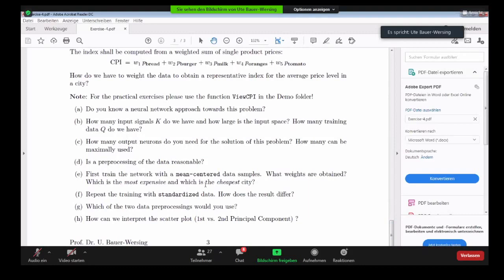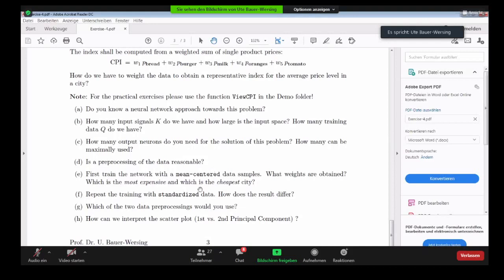So we do the simulation right now, and then we move on to the questions here. We will see an ordering of the cities according to their price level. We will also use standardized data. What's standardized data?